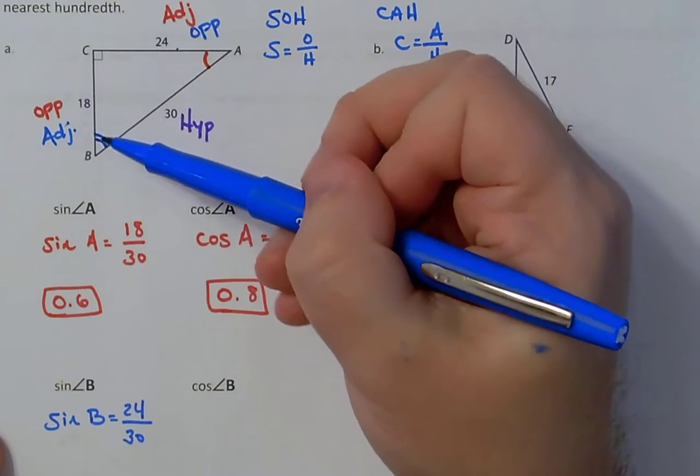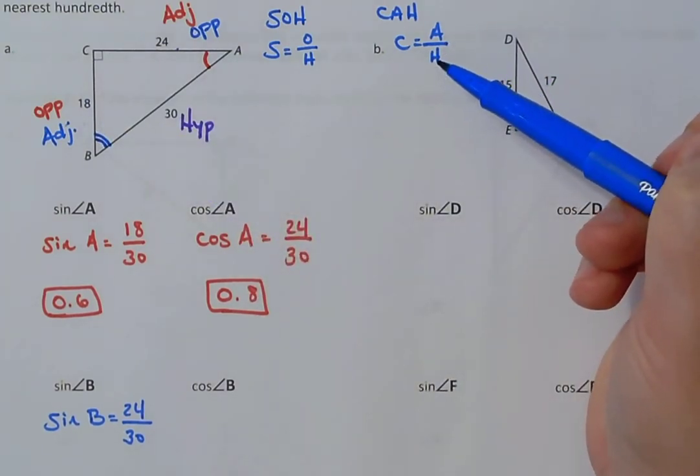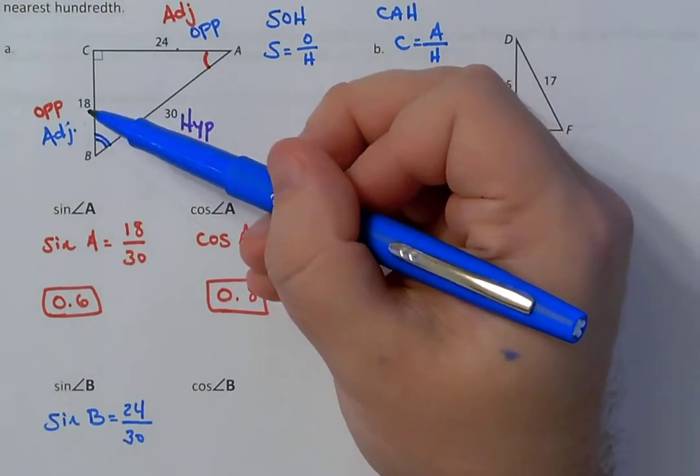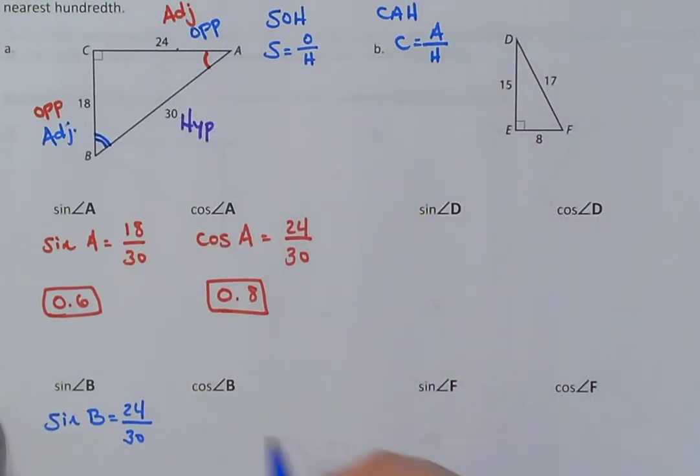Cosine of angle B, cosine is adjacent over hypotenuse. The side that is adjacent to angle B is 18, and the hypotenuse is 30. So cosine B is going to be 18 over 30.